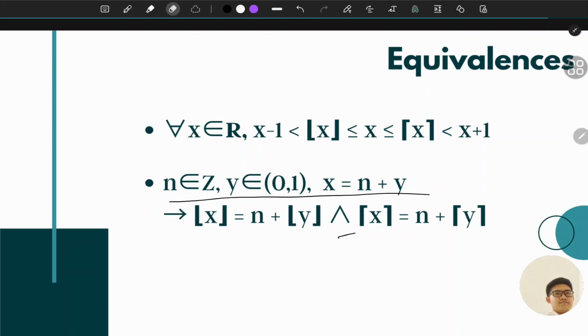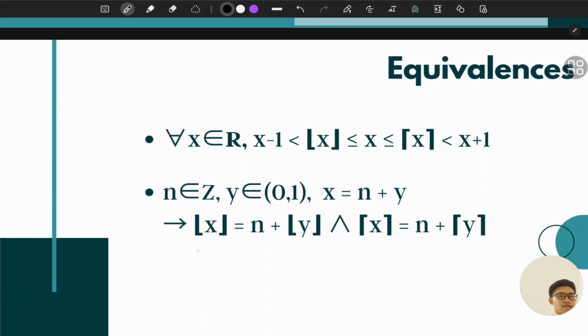And then for the bottom one, it says that for any x that is equal to n plus y, where n is an integer, and y is within the interval of 0 to 1, which basically means y will be a fraction, or a decimal, or an irrational number, then this equality holds.